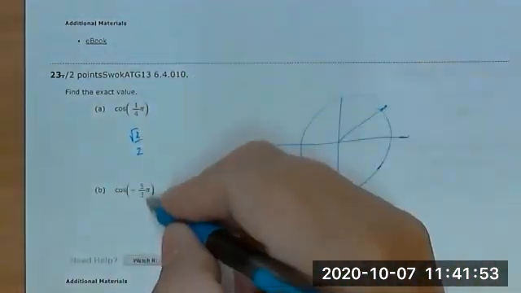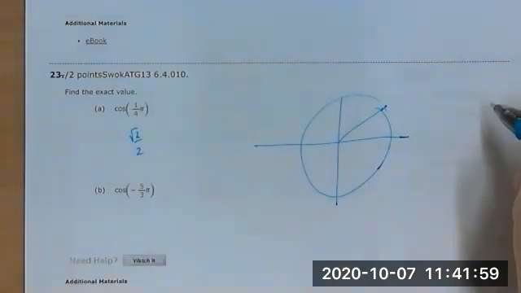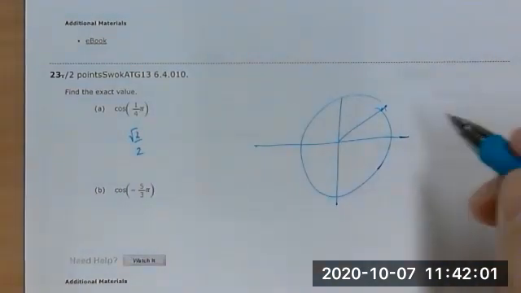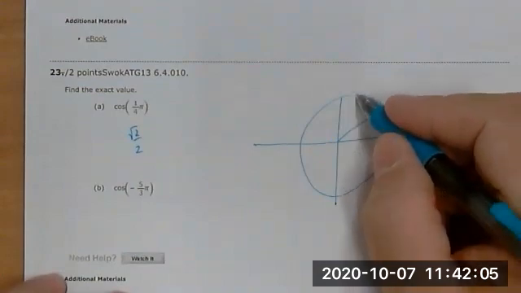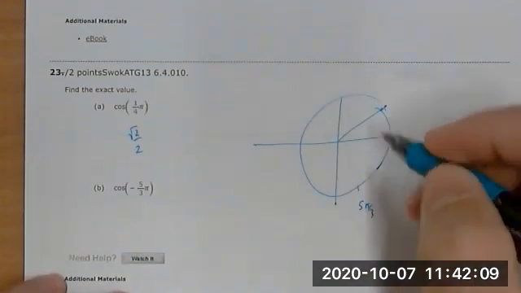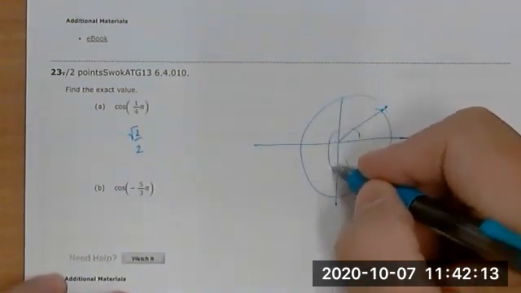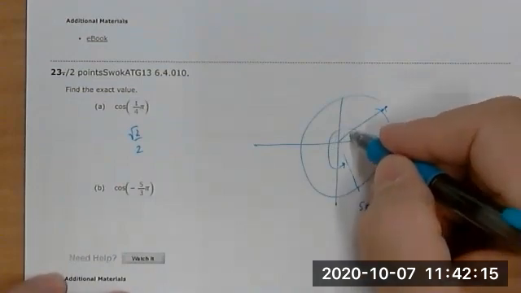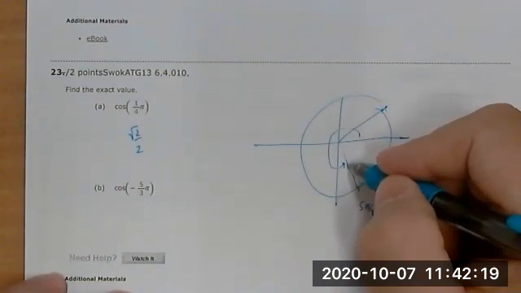Negative 5 pi over 3, so negative direction. Best thing to do is, if you know where positive 5 pi over 3 is on the unit circle, positive 5 pi over 3 is right here. Whatever distance you go to get to positive, I go through 3 quadrants and then pi over 3 more.